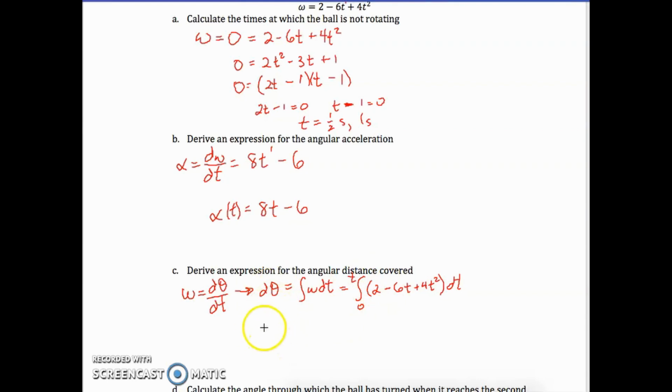And the distance covered is just the change in the angular position, so we don't really care about where it started. All we care about is how far did it go. Finding the antiderivative of this, the exponents will increase by 1, divide by the new exponent. Exponent will increase by 1, divide by the new exponent. Exponent will increase by 1, divide by the new exponent. And cleaning this up a little bit, theta, how far is it going to go? 4/3 t cubed minus 3t squared plus 2t.